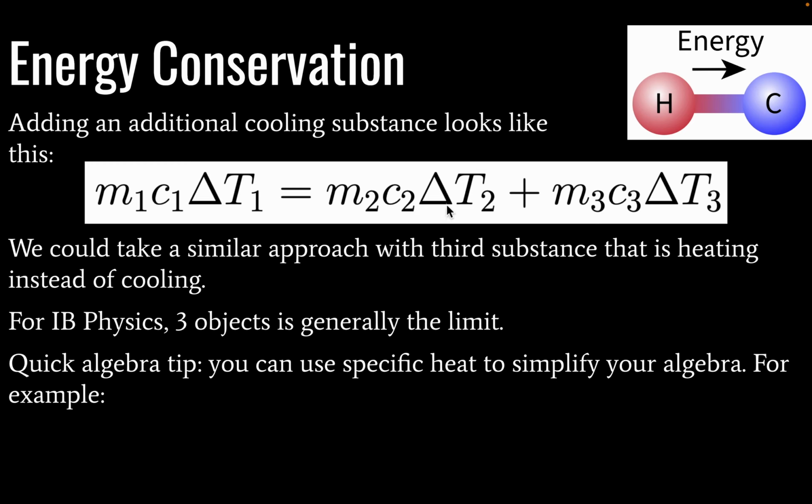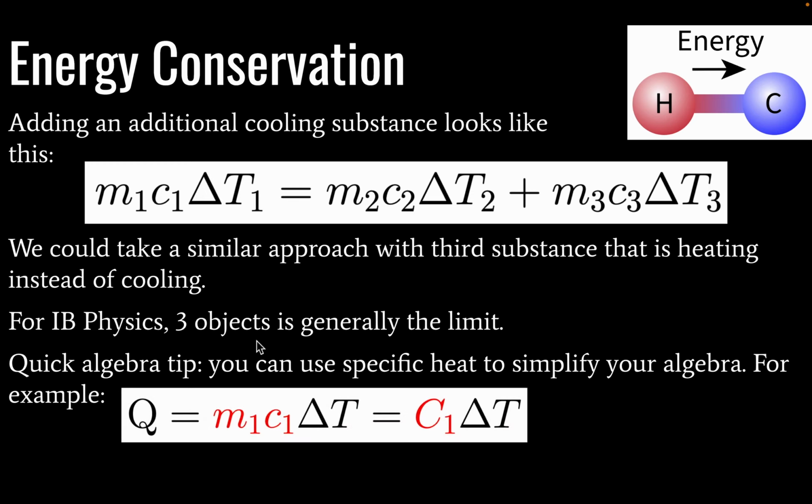When you're doing your calculations, you're going to find that you're moving these variables around a lot when you're doing the algebra, and that can be pretty annoying. We can simplify things by using specific heat. So here is M1 C1 equal then to C sub 1, our specific heat. We just combine these terms into one term, and that just happens to be equal to specific heat. So super convenient.